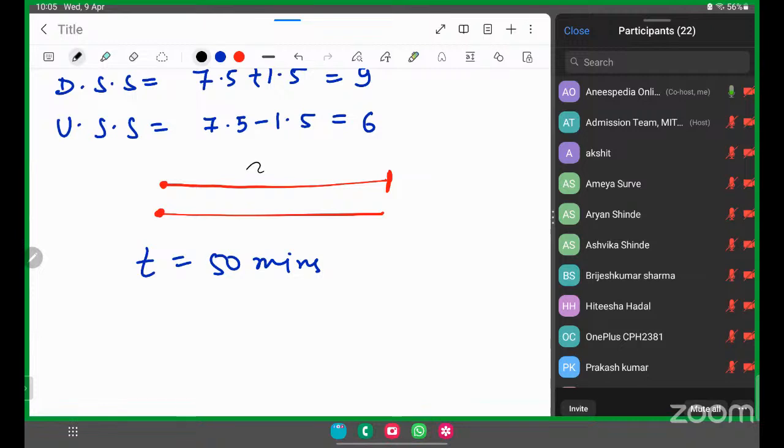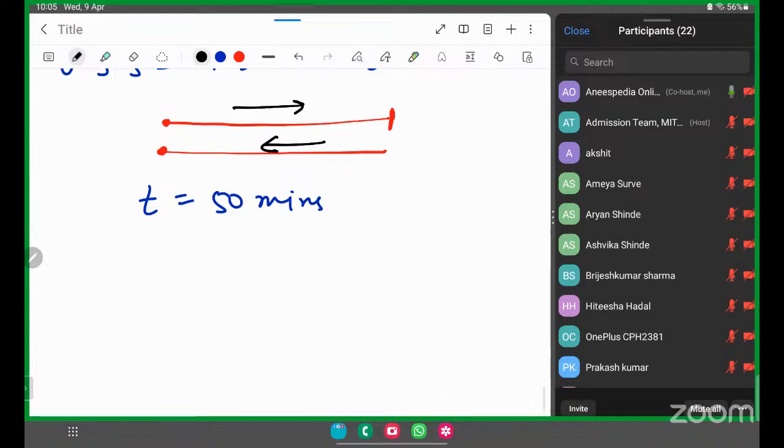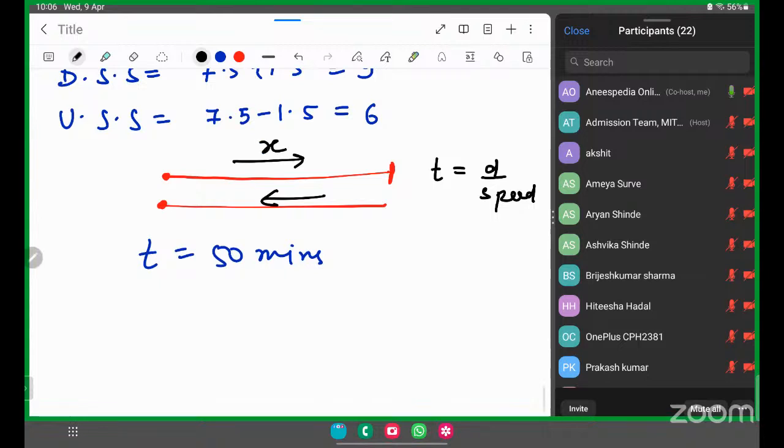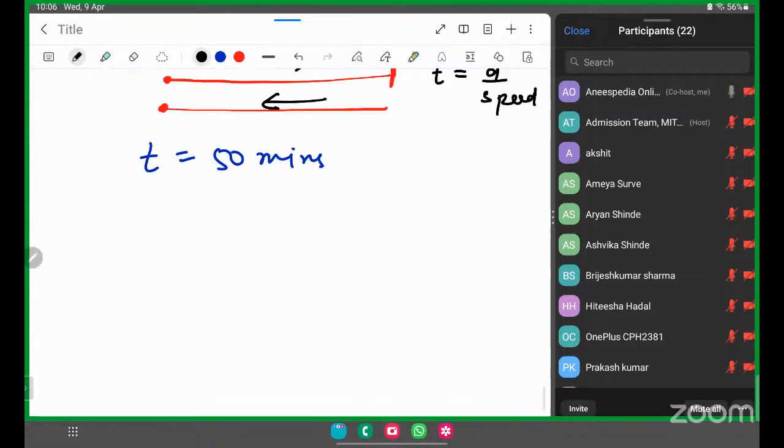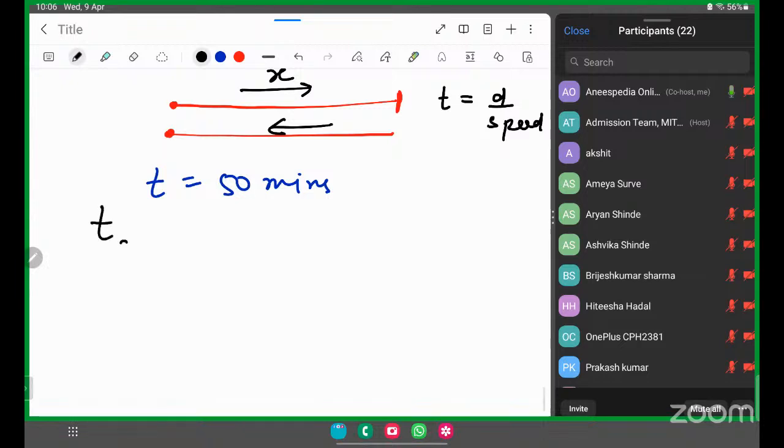So this will be downstream, this will be upstream. Speed is distance by time, so time is distance by speed. Let's say this distance is x unit. So the time taken in downstream plus time taken in upstream will be equal to the total time taken, that is 50 minutes.